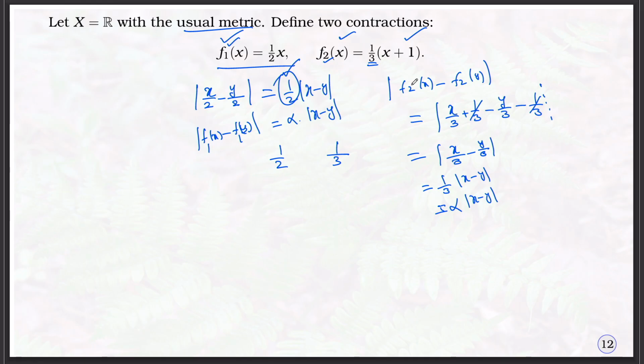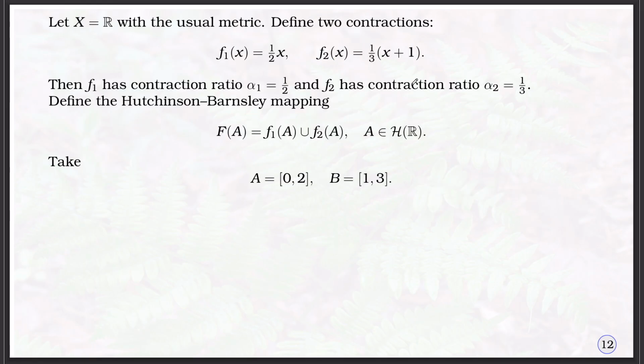Now, let us define the union of these two contractions, that means the Hutchinson-Barnsley mapping. So, what is the Hutchinson-Barnsley mapping? The Hutchinson mapping is a mapping on the hyperspace of the given complete space.